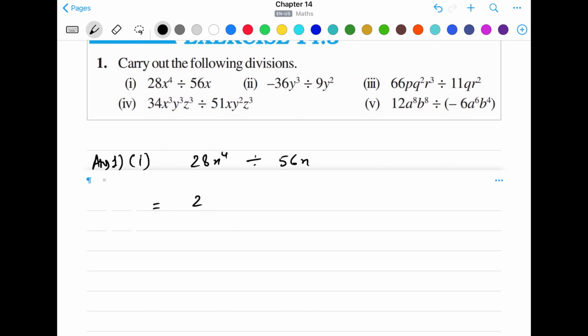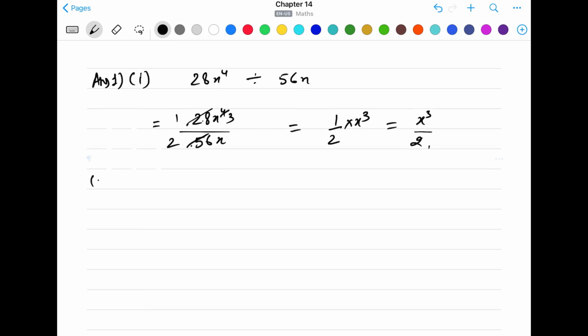Now as we know, 28 ones are 28, 28 twos are 56. So when you divide these two, you will get 1 here and 2 here, and this 1 power of x will cancel the 1 power of x from here, so we'll get 3 power of x. So this will be 1 divided by 2 into x cube, or you can write x cube divided by 2. So that's the solution for this one.